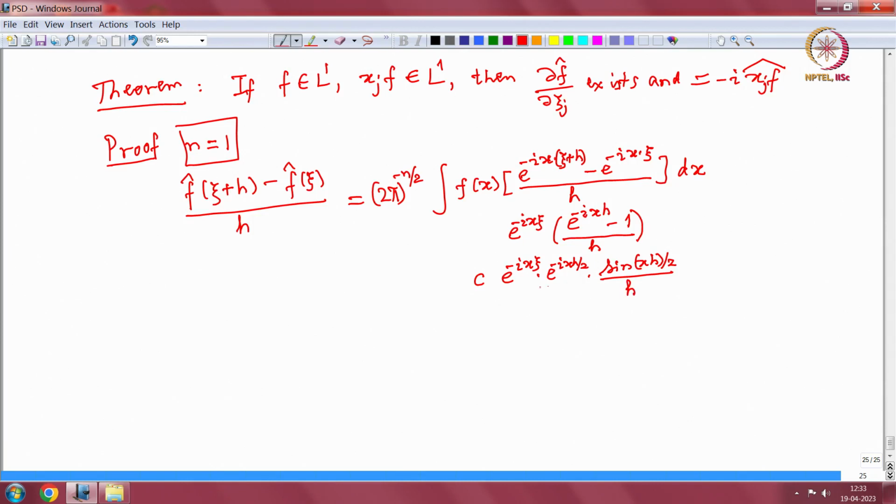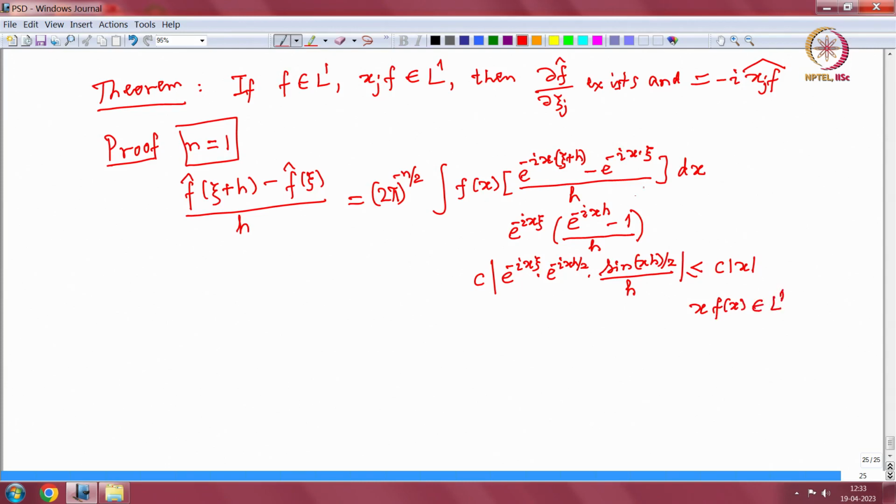These are of modulus 1, so they do not create any problem here. And what about this one? This whole thing is bounded by some constant times mod x. And by hypothesis, since we are working only with n equal to 1, x f of x is in L1.